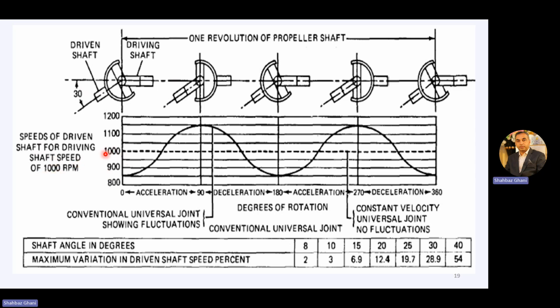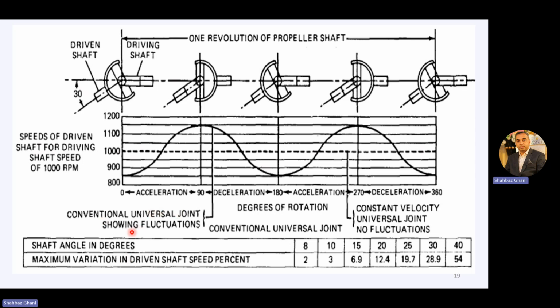This is the input shaft, the driving shaft, which is moving at 1000 RPM. Now the driven shaft's speed varies from 850 to 1150. First it will accelerate, then decelerate, next 90 degrees, then accelerate, next 90 degrees, then decelerate, next 90 degrees.